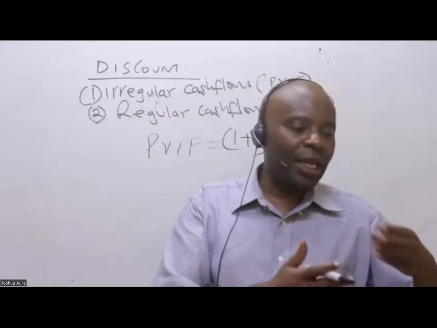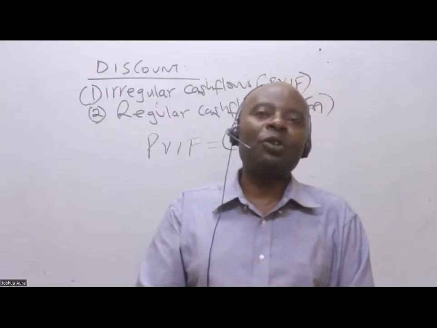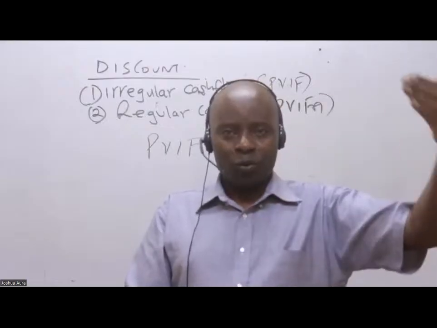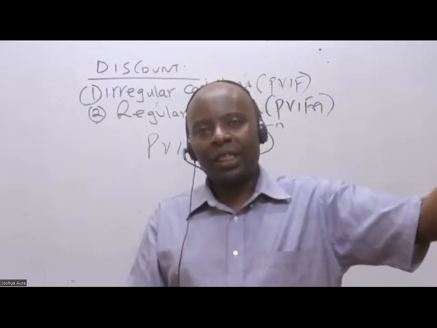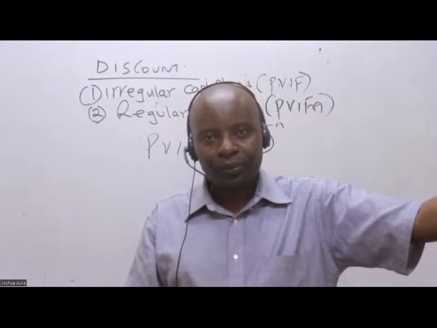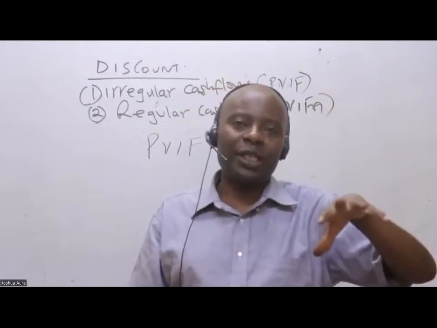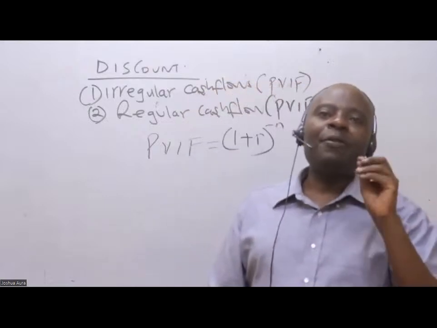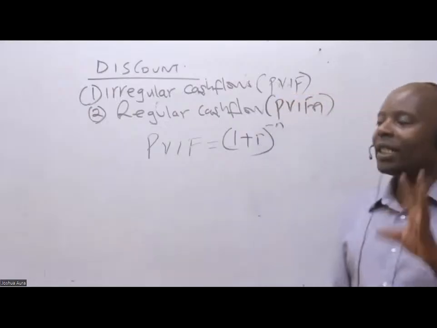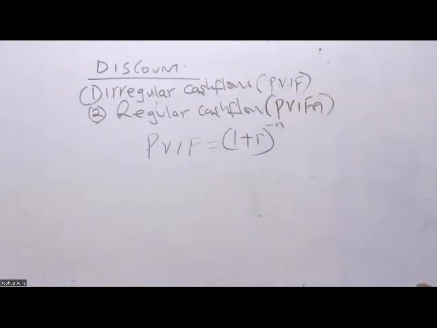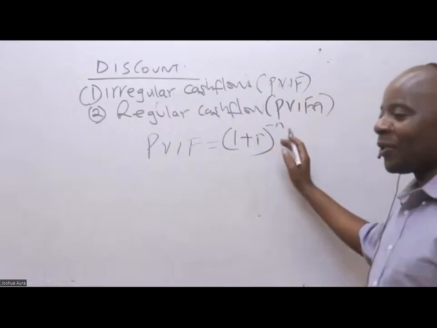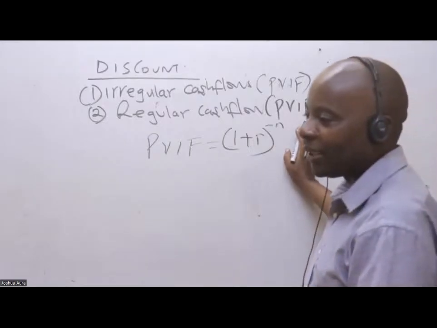So you cannot see anything uniform there. It becomes uniform if it's 1 million year one, 1 million year two, 1 million year three, that is uniformity now. But when it's lump sum or fluctuating, then we shall be using PVIF to discount such cash flows. So under PVIF, ladies and gentlemen, it is 1 plus R raised to negative N, like that.